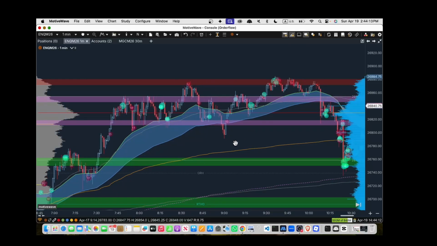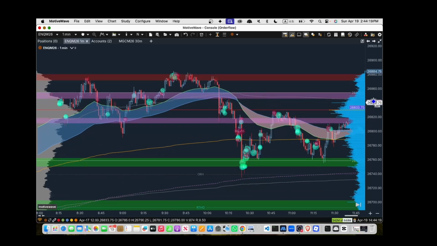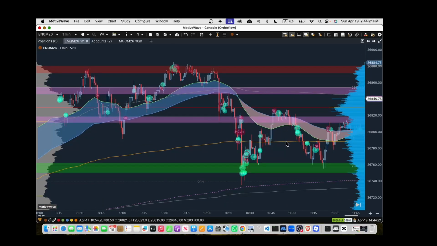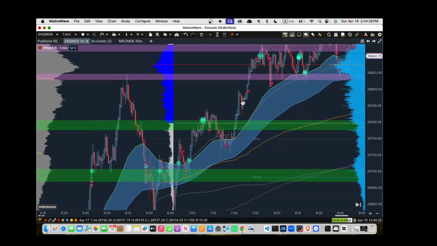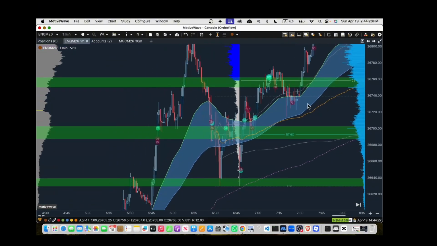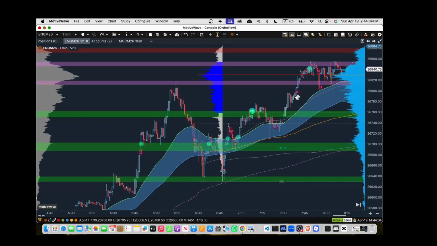Hey guys, so this is part two of how to find support and resistance with volume profiles. If you've been keeping up with the market this last week or so, you probably saw that we went up to all-time highs.